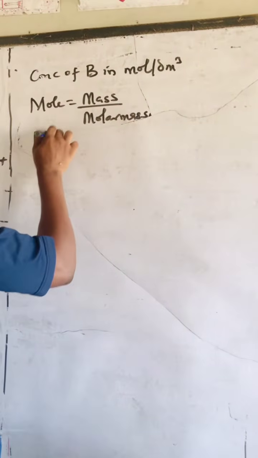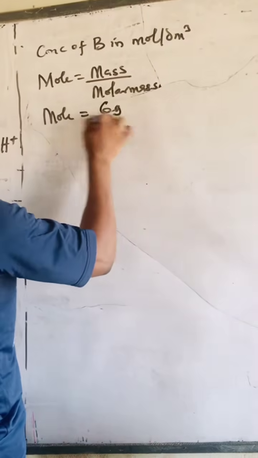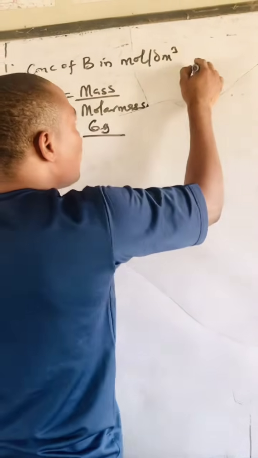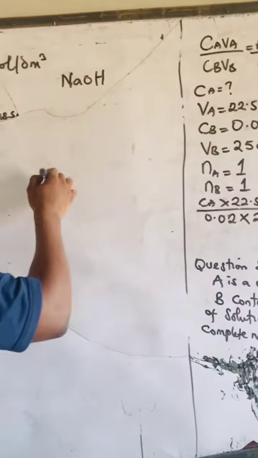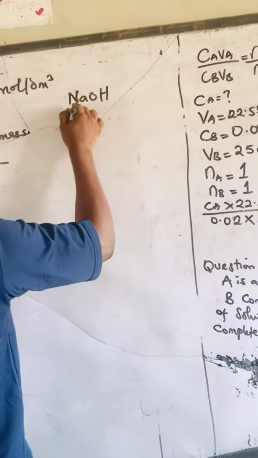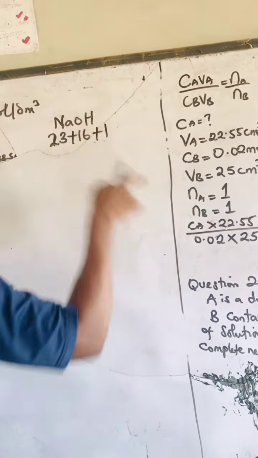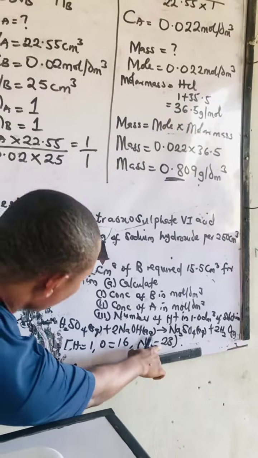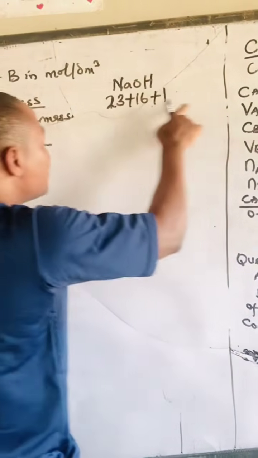So our mole becomes the mass, 6 gram, over the molar mass. Now you can calculate that. Please try and show all your workings. Molar mass: we have 23 plus 16 plus 1, as given in the question. Sodium is 23, oxygen is 16 and hydrogen is 1.